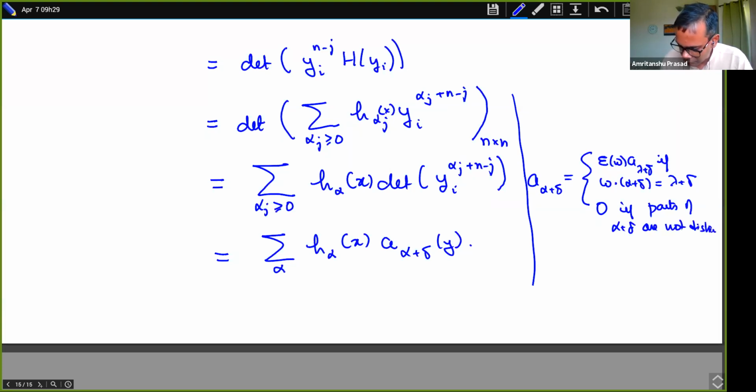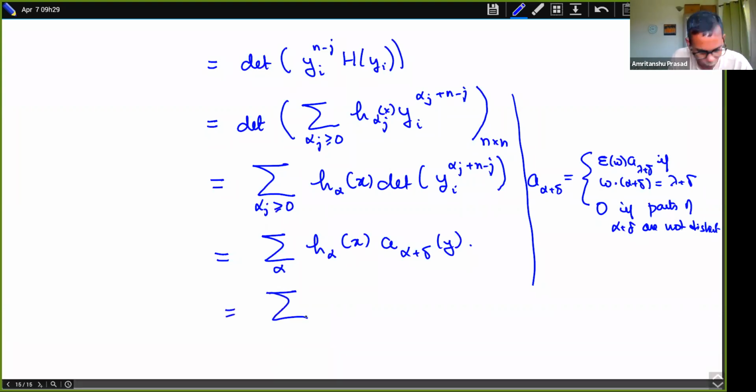So this is a dichotomy, because if the parts of alpha plus delta are distinct, you arrange them in strictly decreasing order and you get something of the form lambda plus delta. And so what you get here is a sum over w belonging to Sn, so now you're looking at all h of w dot lambda plus delta minus delta.